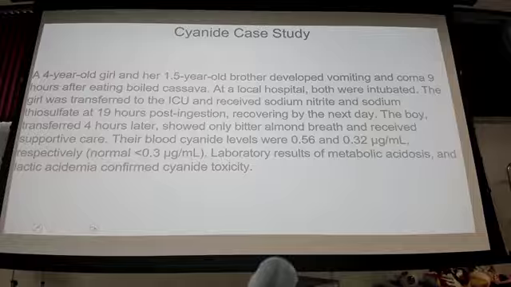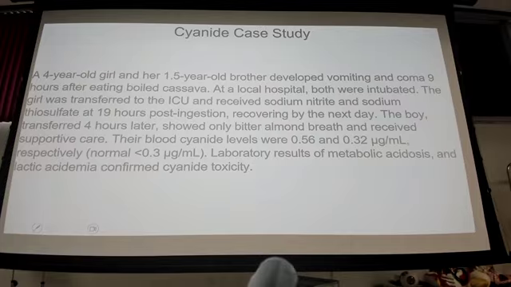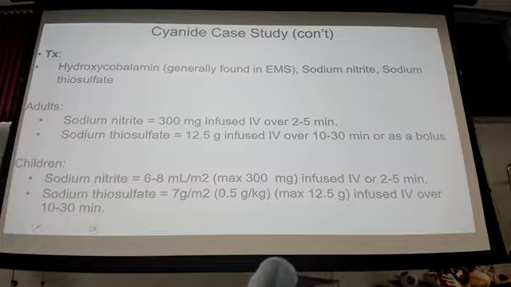Their blood cyanide levels were 0.56 and 0.32 micrograms per milliliter for the female and male respectively. Normal levels are below 0.3 micrograms per milliliter. And the laboratory results revealed metabolic acidosis, of course, because of that lactic acid buildup. And it also confirmed cyanide poisoning.